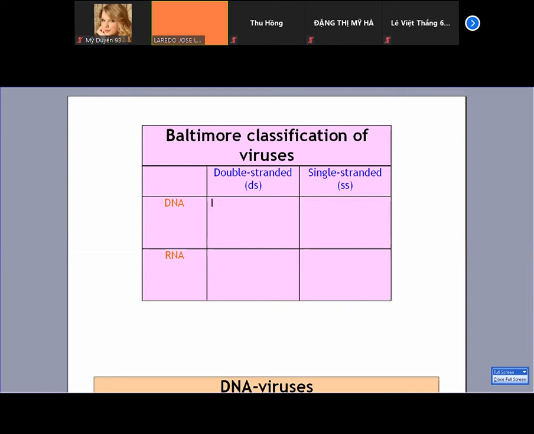DNA viruses, single-stranded, are called type 2. Remember, single-stranded may be either positive or negative. Type 2 is positive. Sometimes it may be negative, but very few times.